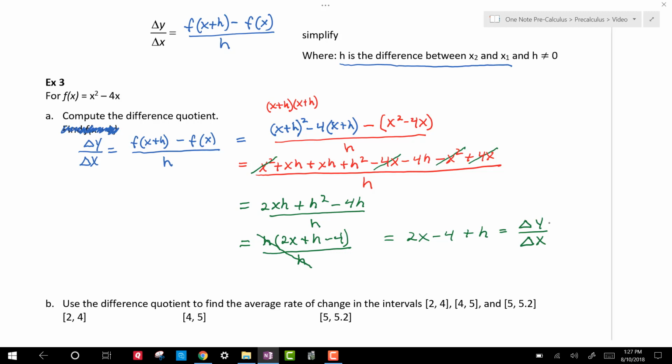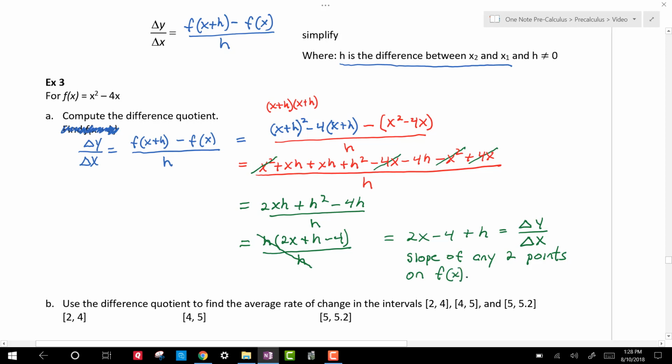But here's the thing about this formula. This is now a formula for the slope of any 2 points. Okay, this formula right here, this gives the slope of any 2 points on f of x.